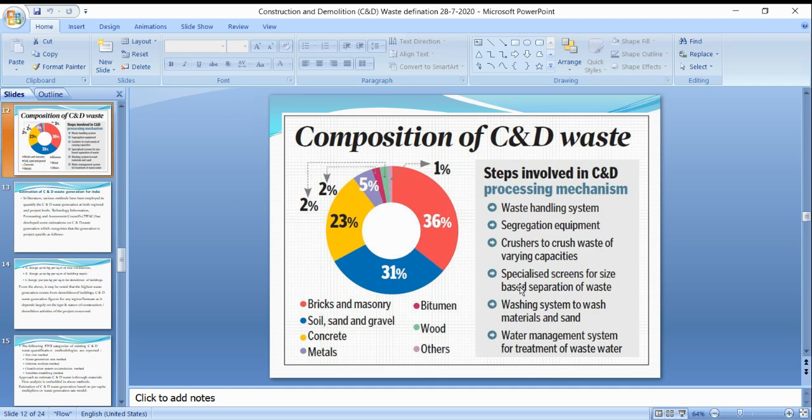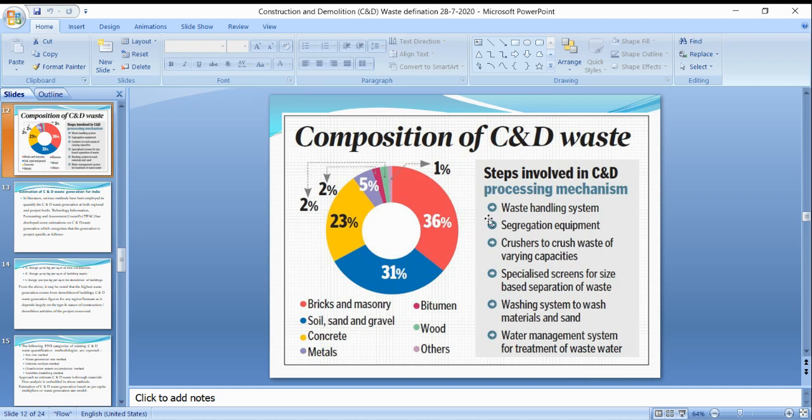Specialized screens for size based separation. We have also seen shredders should be there, a washing system to wash materials such as sand, and a water management system for treatment of wastewater. These are required at the time of the construction also.